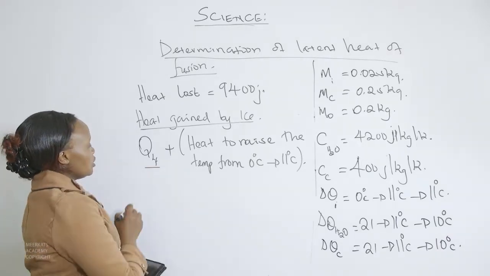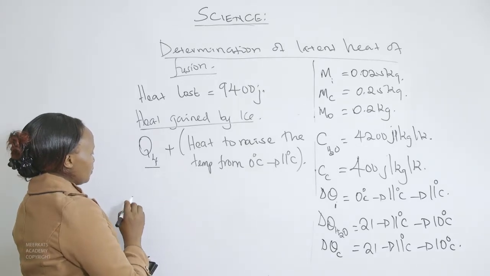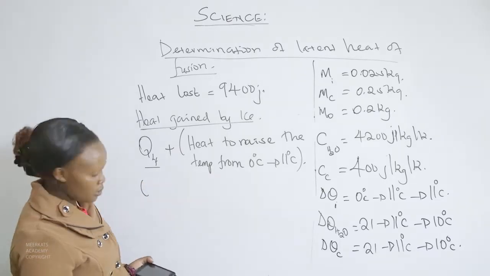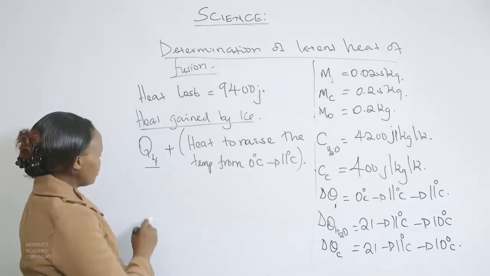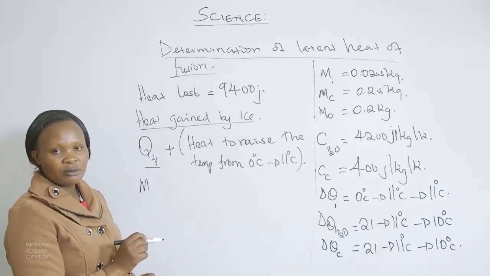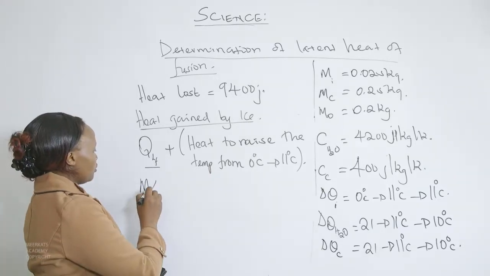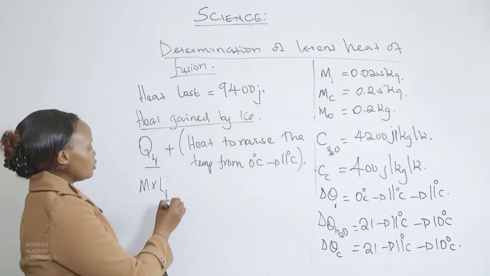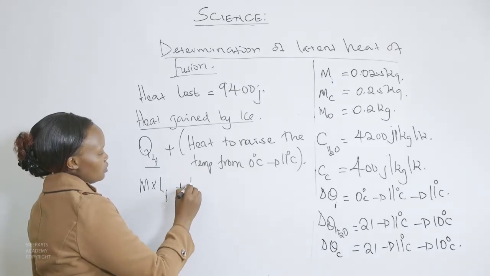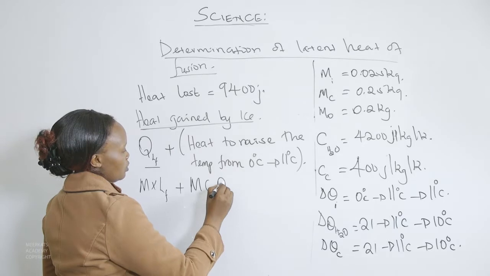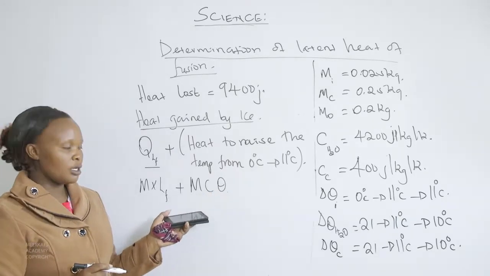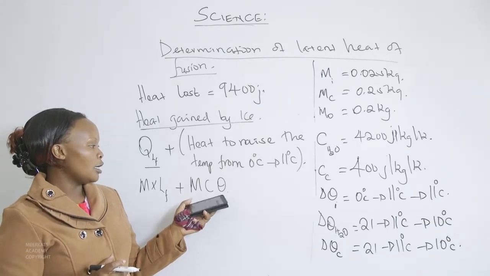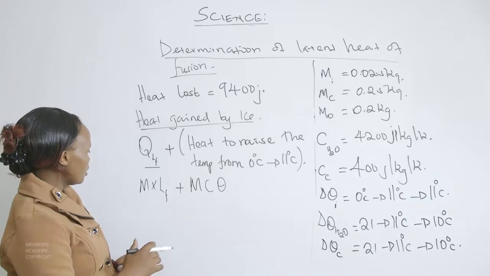Now, the latent heat of fusion is given by mass times, because this is specific, the latent heat of fusion per unit mass so that we can get the total. Then we add to it the mass multiplied by the specific heat capacity of now the melted ice and the change of temperature.